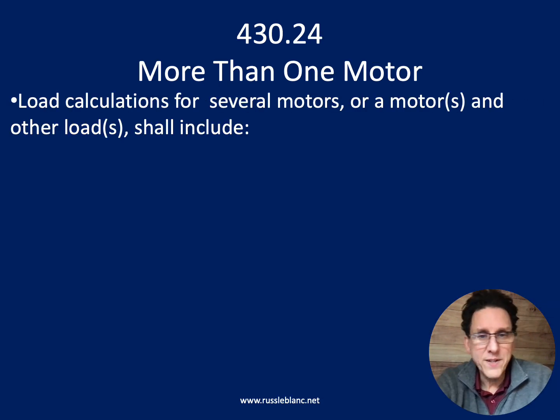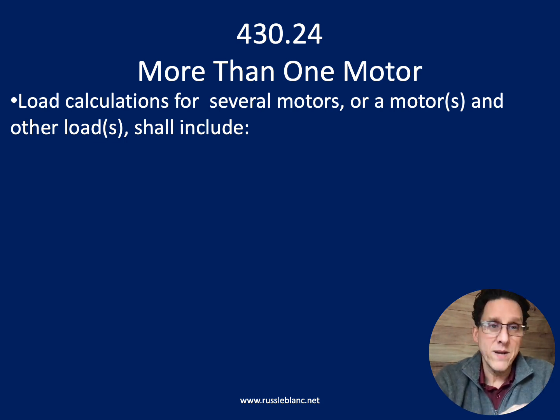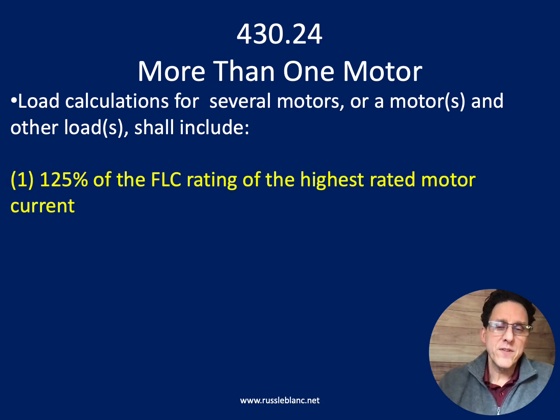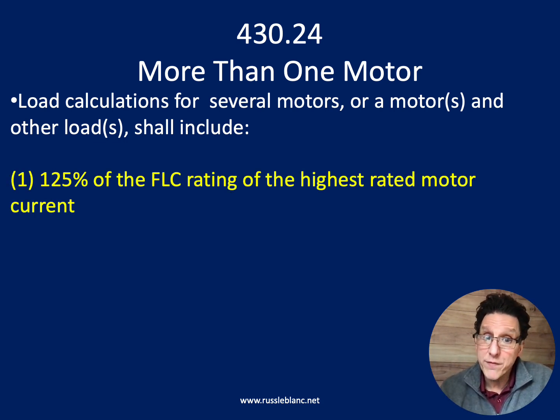Now when we get to more than one motor, so there's 2 motors, 3 motors, 4 motors, or it's a motor plus some other loads, we have to look at 430.24 for that. We have to sum all these items together. The first thing is we have to take the largest motor full load current at 125%.